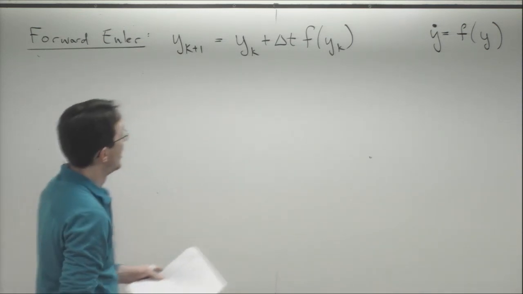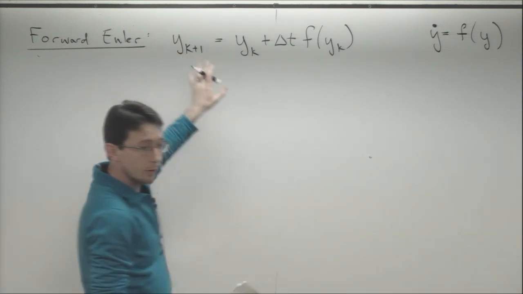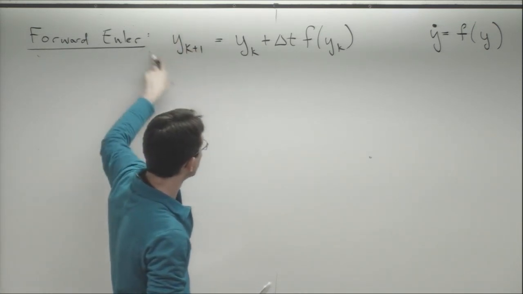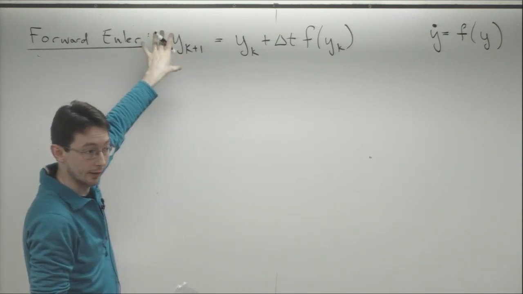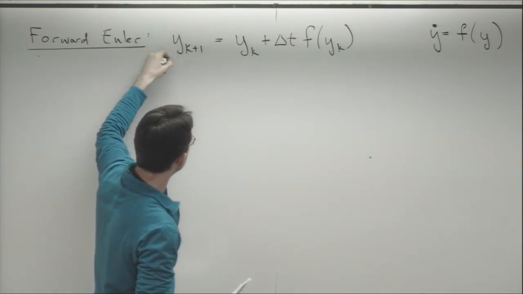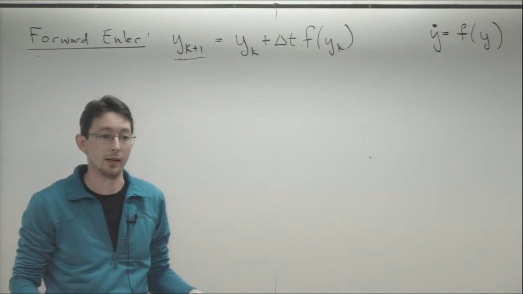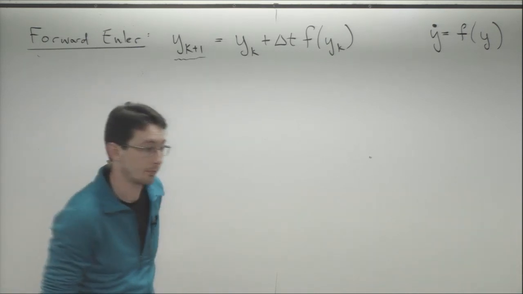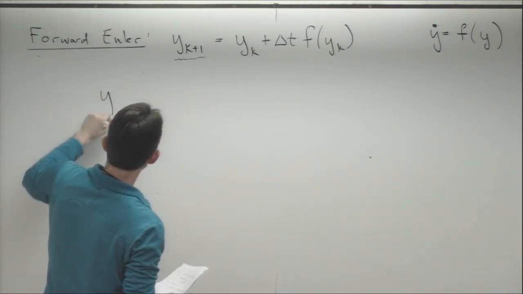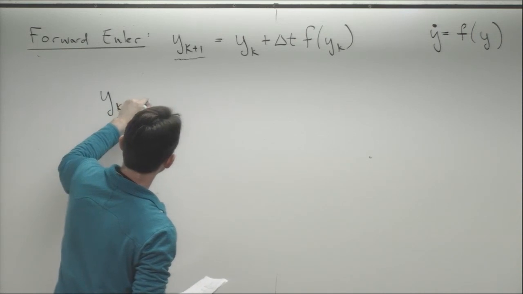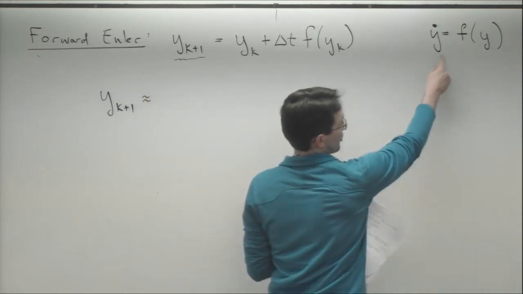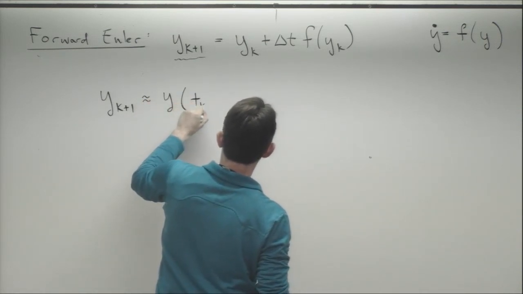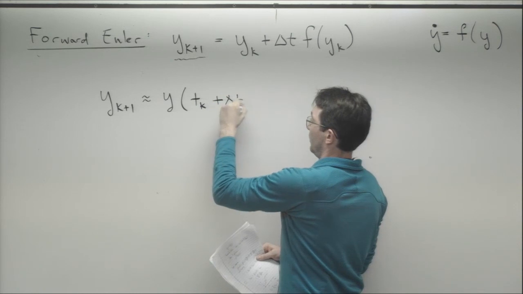Okay, forward Euler. Now, what we're going to do is use the Taylor series of this function y, our solution vector, and see how close this y at time k plus 1 approximates the true trajectory y at time k plus 1. Okay? So what does this mean? We're saying y k plus 1 is really approximating this true solution y at the time tk plus delta t.